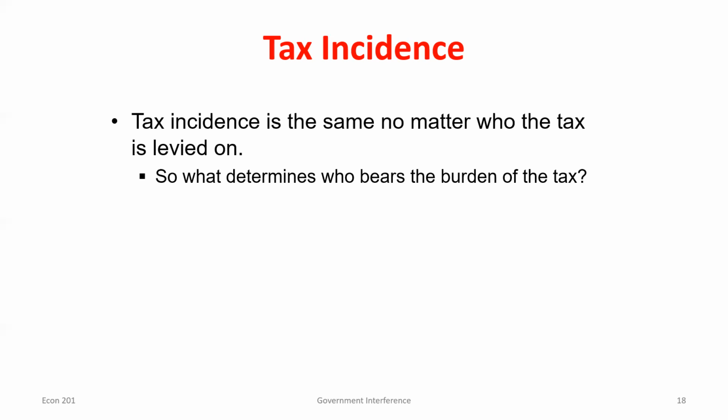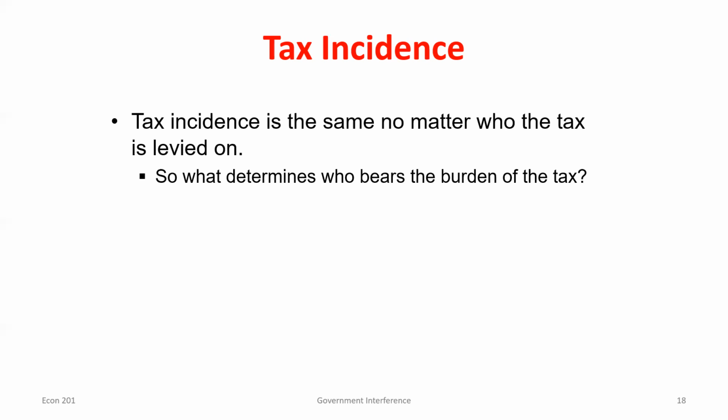If we remember that elasticity means responsiveness, right? Whoever responds more to the price changes that are a result of this tax can make more optimal decisions. If I don't respond at all, I'm going to get screwed, right?